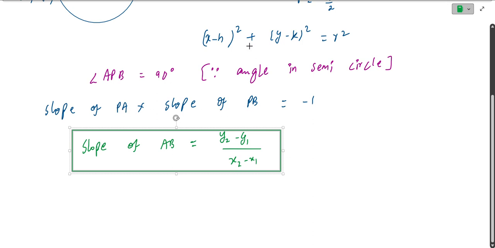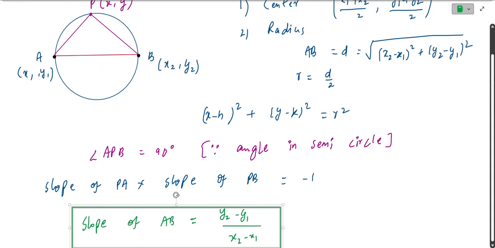So whenever I apply the formula, for the PA straight line, P will be the coordinates x2, y2 this way.